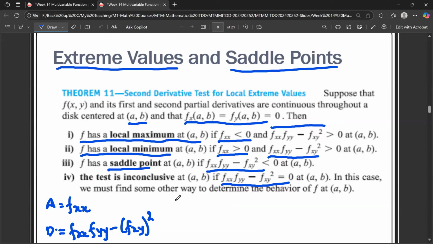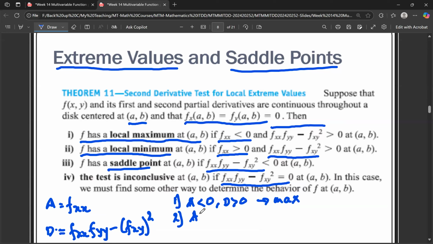So we have this conclusion: one, A less than 0 and D greater than 0 gives a local maximum.